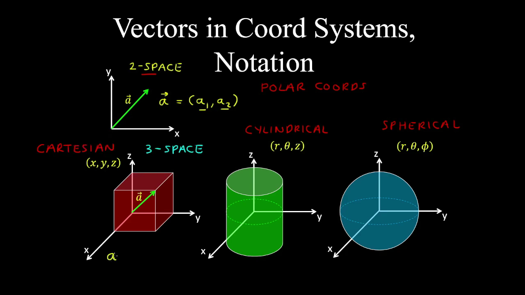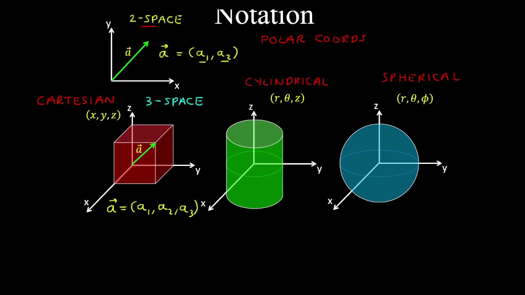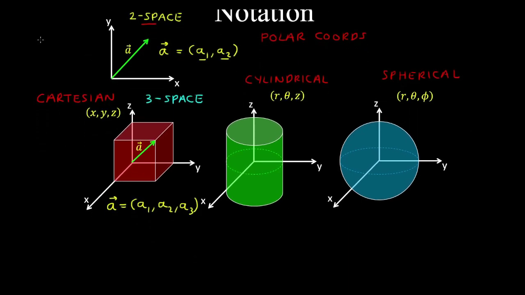So here the vector would have components A1, A2, and A3 to represent the x, y, and z directions. And in 2 space, the 0 vector has the following components, and in 3 space, it has the following components.